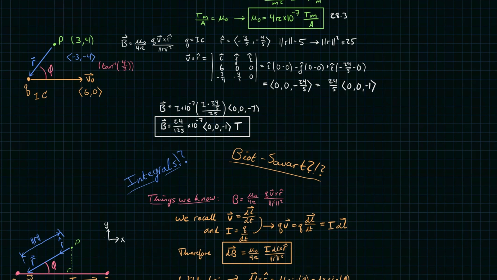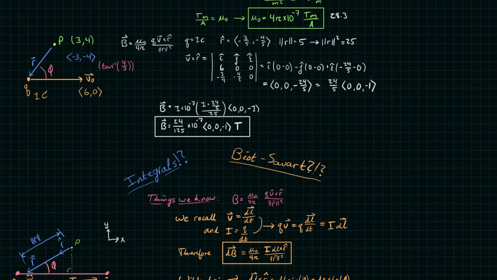So the amount of charge that we've passed through over the change in time. So since we have Q and V up here, we can move that down here, switch in this term for our V, and then with Q over dt here, we can change that to I and dl. Very useful.